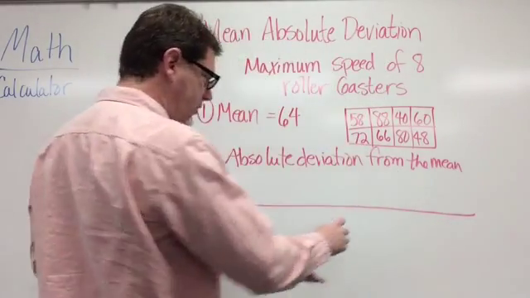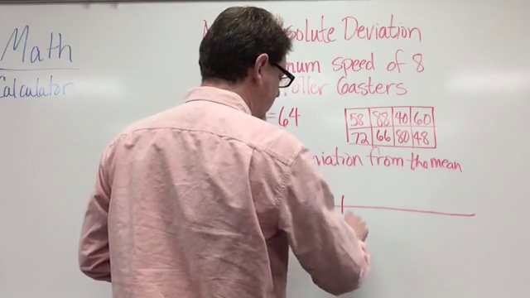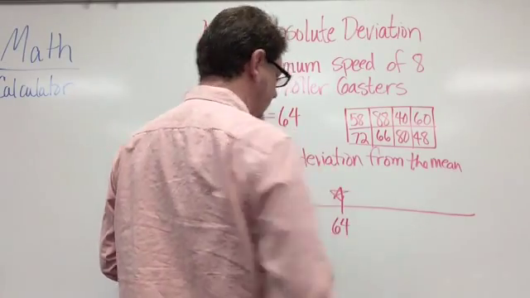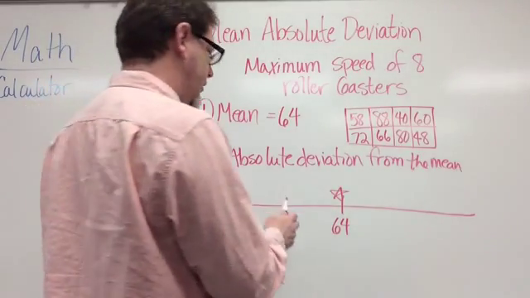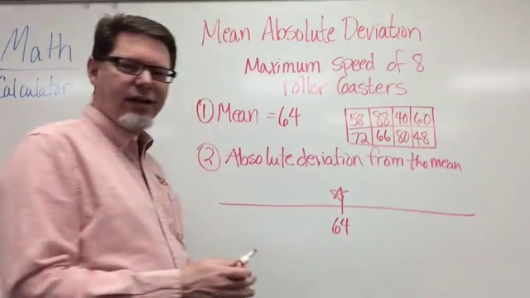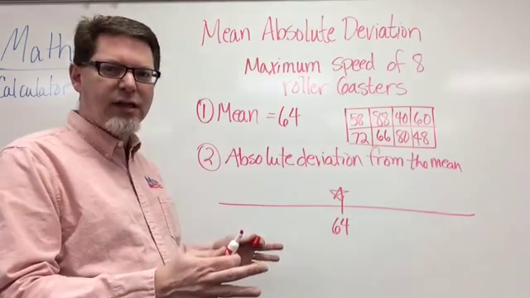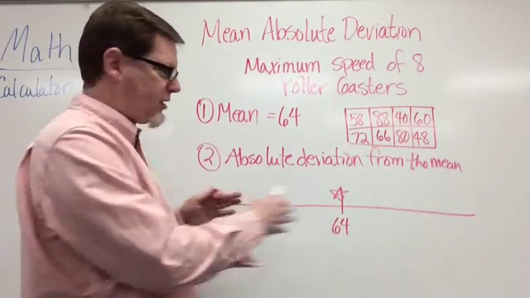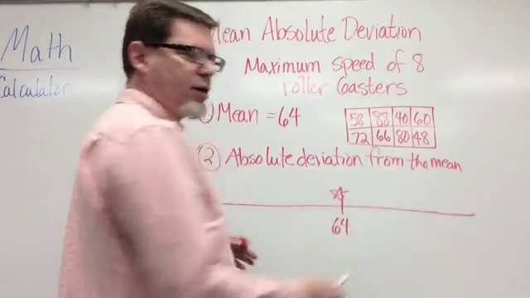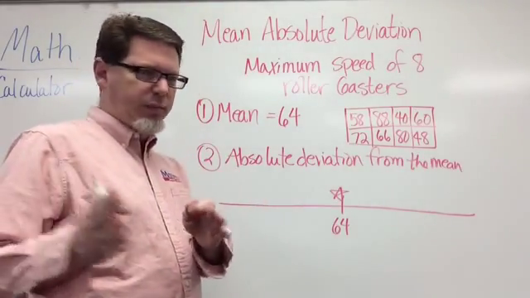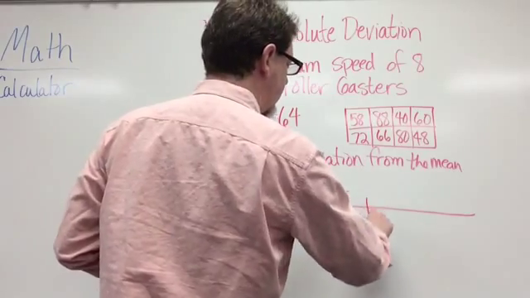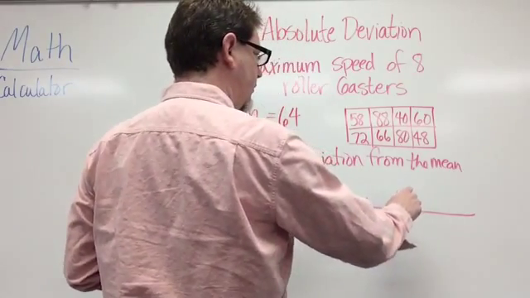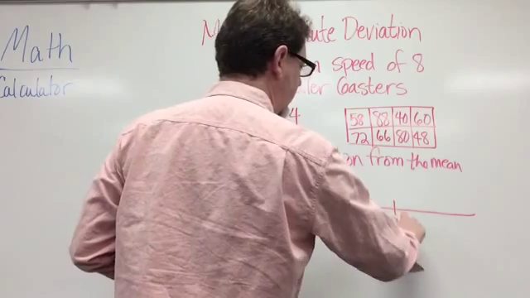Okay? So we know that 64 is going to be somewhere in the middle. So I'm going to put a star on 64. And then I'm going to fill in all the others. I really don't care about spacing on this. I'm going to put them just in the correct order. They may not be correctly spaced apart. So I have 66. What comes after 66? 72.